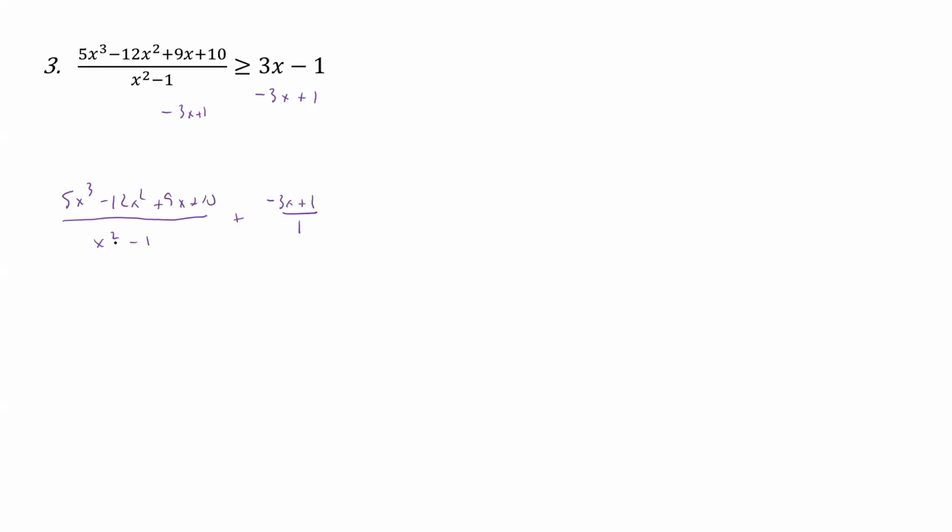And so our common denominator is the x squared minus 1. So what we're going to do is multiply by x squared minus 1 over x squared minus 1. And then that's all going to be greater than or equal to 0, because after you subtract that off, it's 0. Now we can start simplifying, and everything in the numerator will stay there, and our denominator is just x squared minus 1, which is x plus 1, x minus 1.